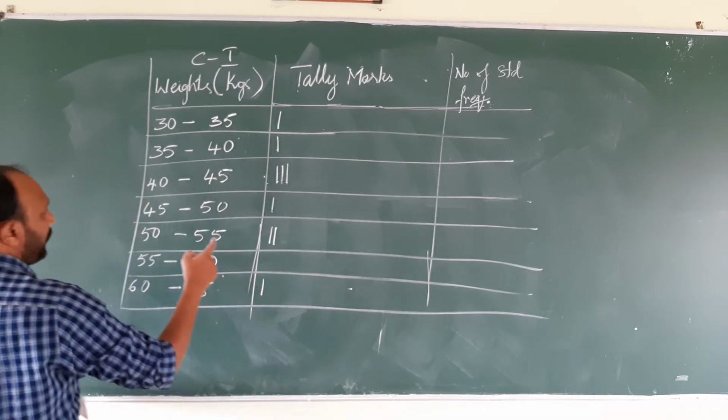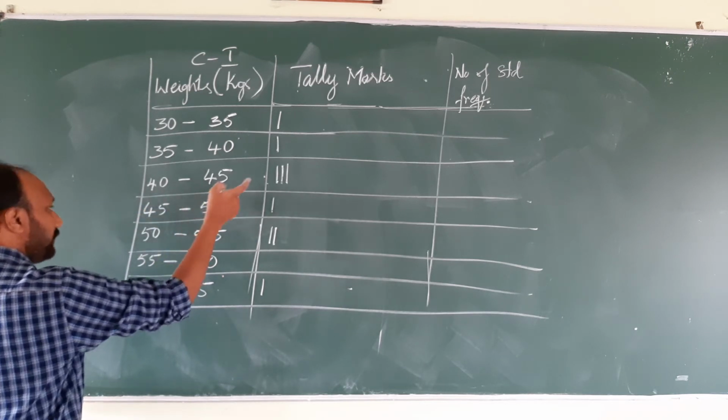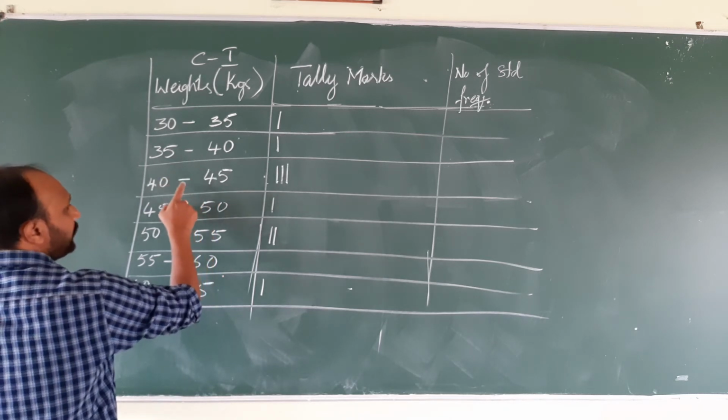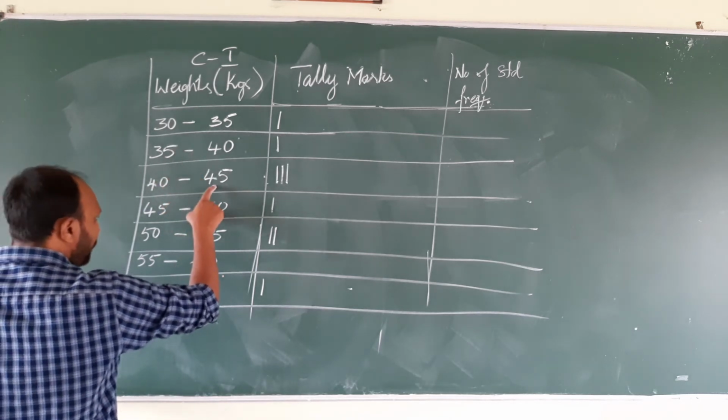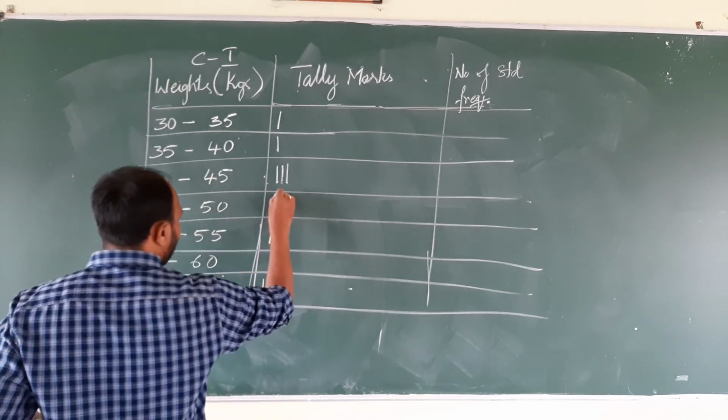Please observe here 45. In the class 40 to 45, even if we get 45 as a value of the variable, it will not be considered for this class because the upper limit is excluded. So, we need to consider 45 in the next class.